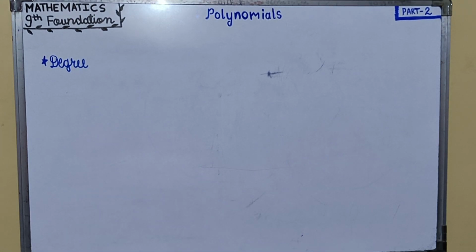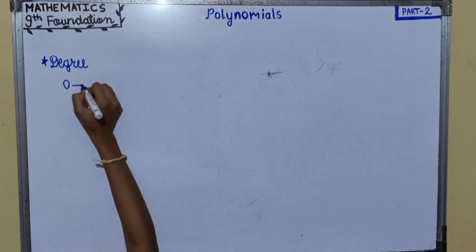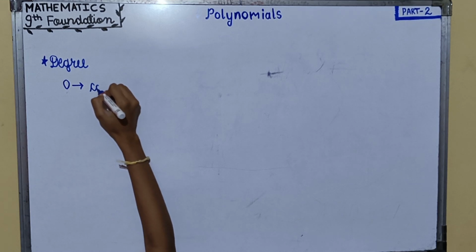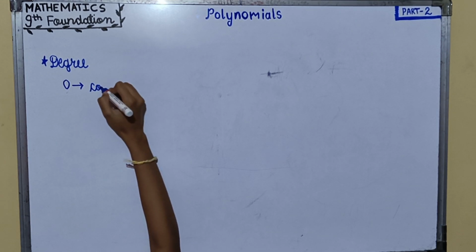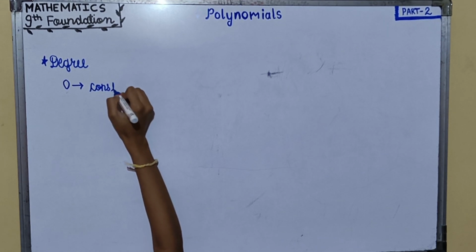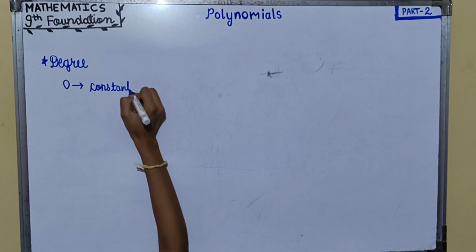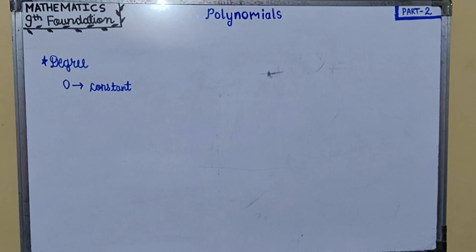If the degree of a polynomial is 0, then it is said to be constant. For example, there is root 5, so its degree will be 0. Any numerals have the degree of 0, so this will be said as constant.